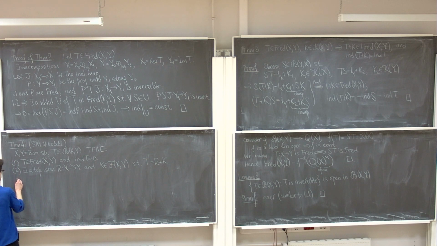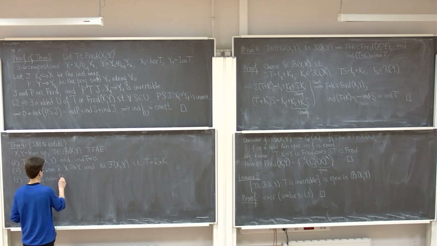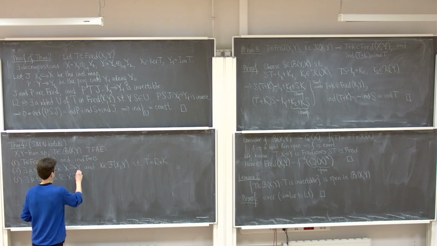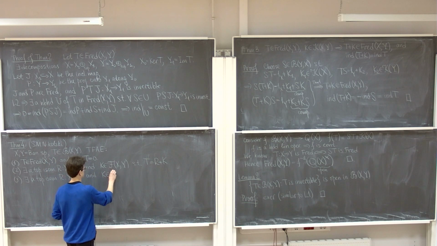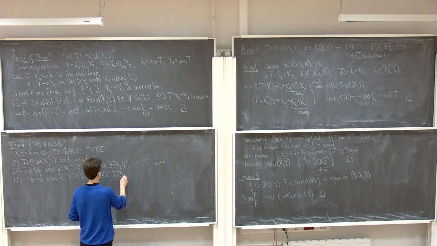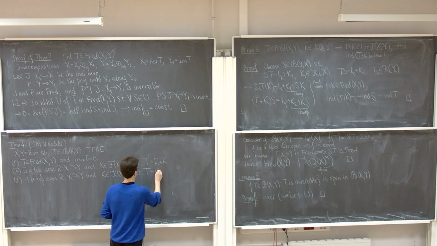And condition 3 is similar to condition 2. There is a topological isomorphism R from X to Y, and a compact operator K from X to Y, such that T is R plus K.